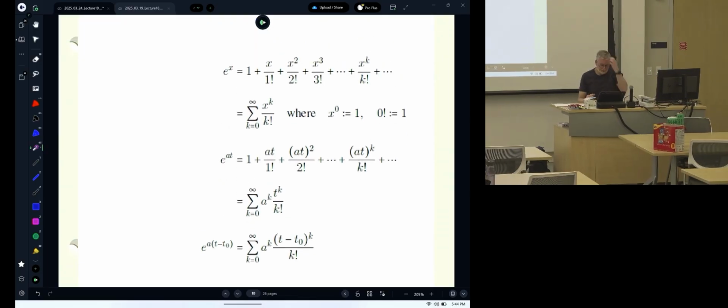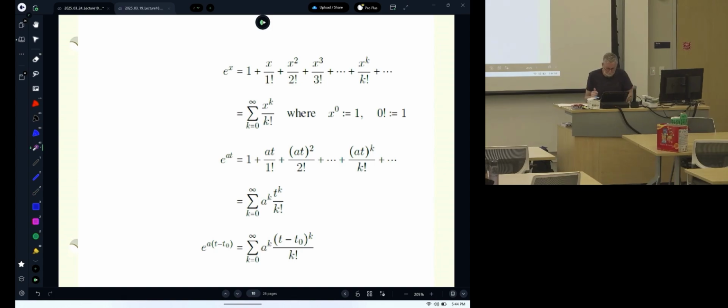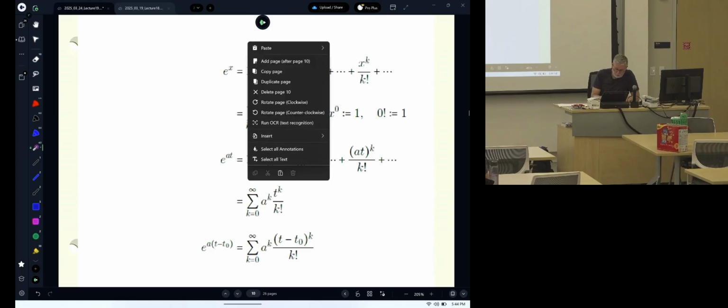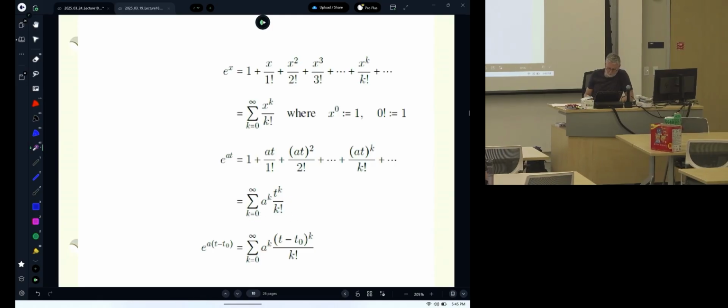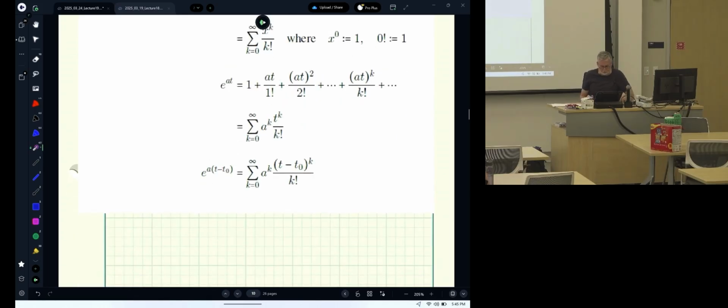So this e to the at that we were looking at can be written as 1. I plug in at for x, I get at over 1 factorial, I get at squared, I've got at to the k over k factorial, etc. And when I multiply those out, I get the sum from k equals 0 of a to the k, t to the k over k factorial. And if I want to really just stick it in, fine.